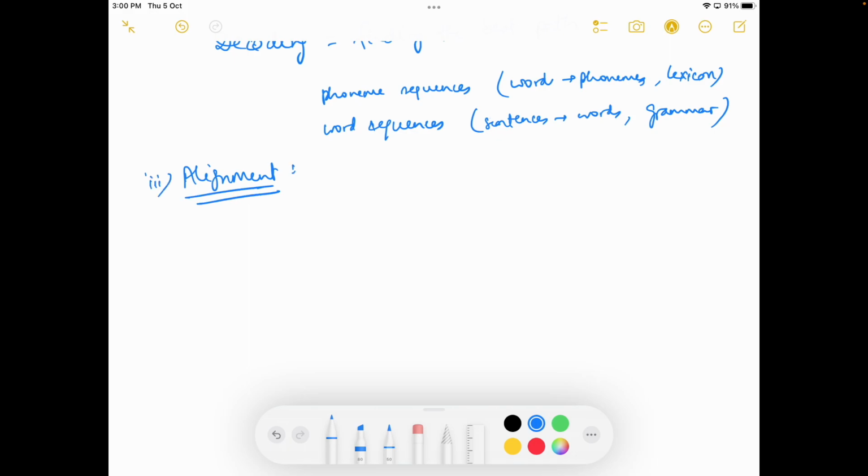Which means we are given X, and we are given the sequence Z, but there may be repetitions. Like if I say Rajat, then you know my phoneme sequence is R, A, J, A, Ta.